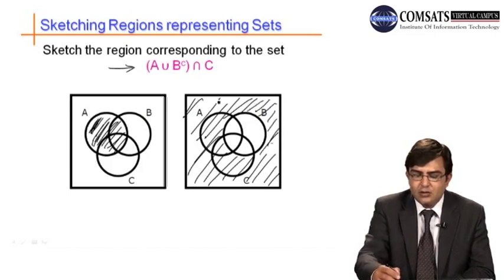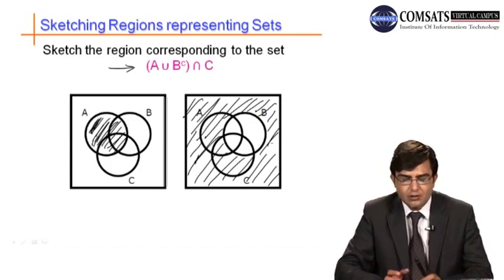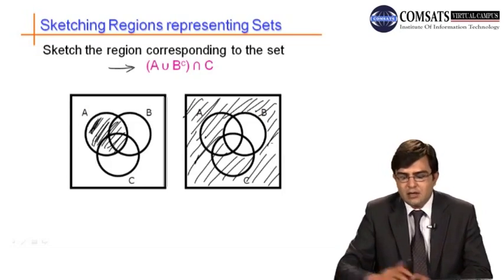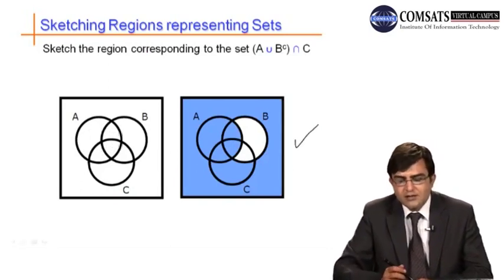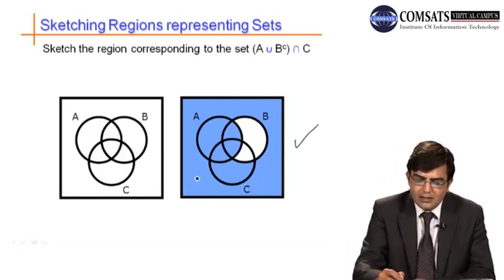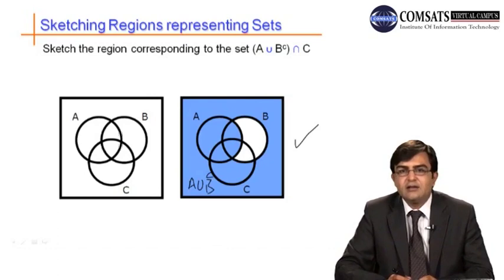So this is the whole region which has B complement. So if we take up the union of these 2 regions, what we will get? We'll get this region. So this is our A union B complement, the whole region which is colored in blue.